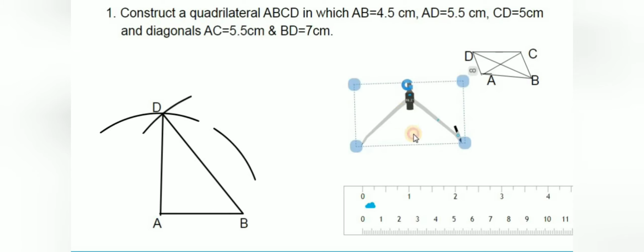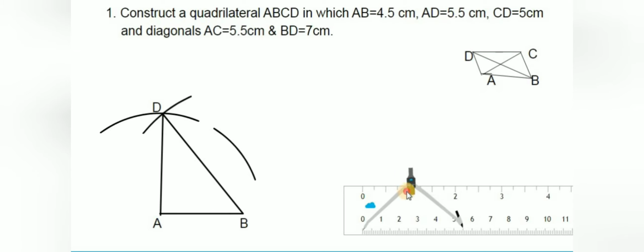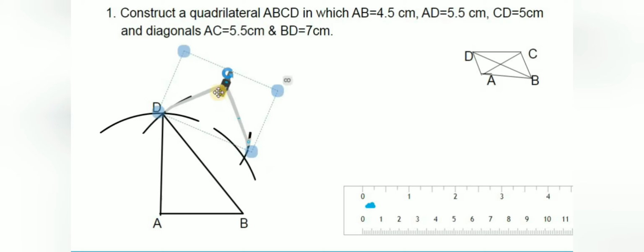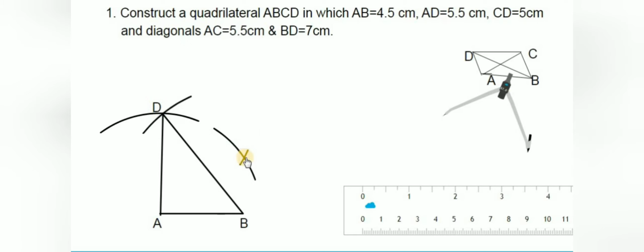So take the measurement 5 centimeter from D to C. Take the measurement 5 centimeter from point D. Just cut the arc at point C. I don't know where point C comes. Here it is the point of contact of both the arcs, that's why here comes the point C.